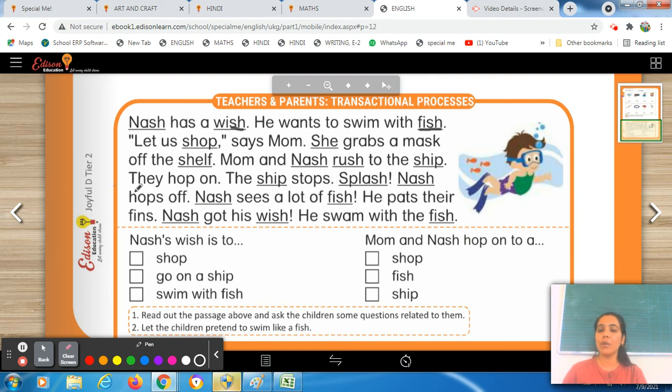You all have to read this passage at your home and improve your reading skills. And the words which are already underlined, that have the sh blend, you all have to read those words twice. This will improve your concept.